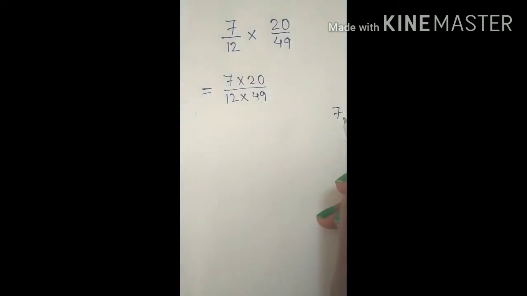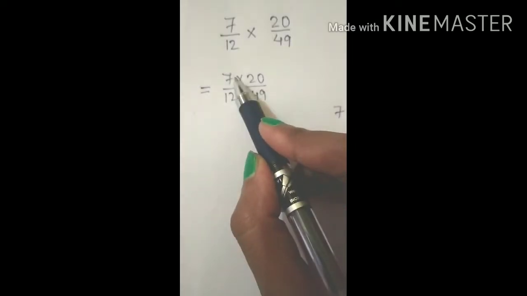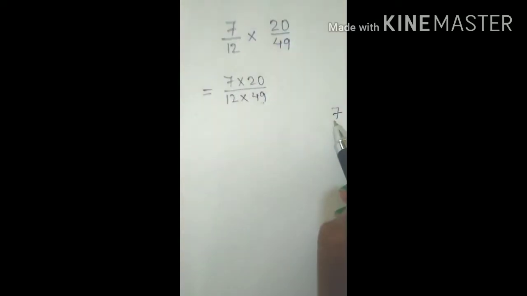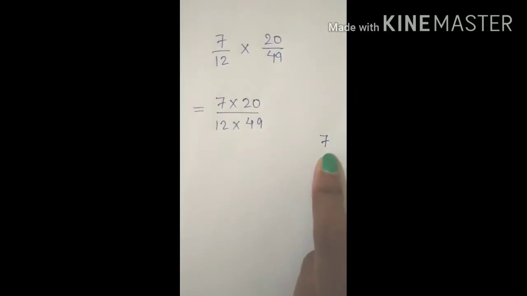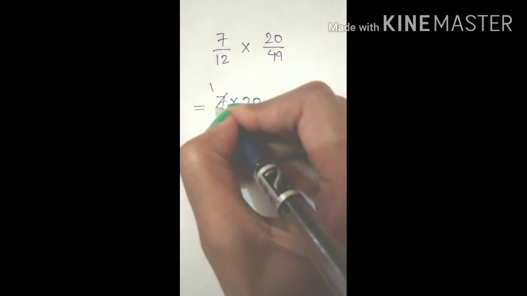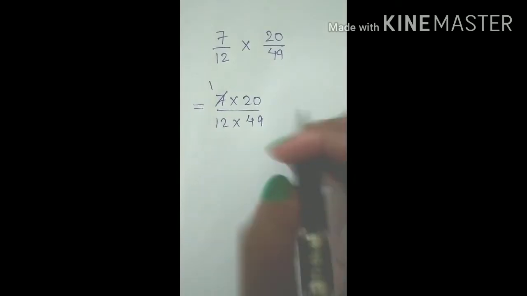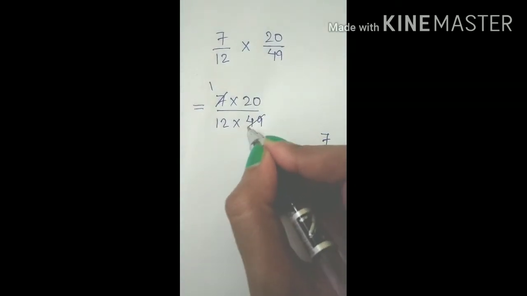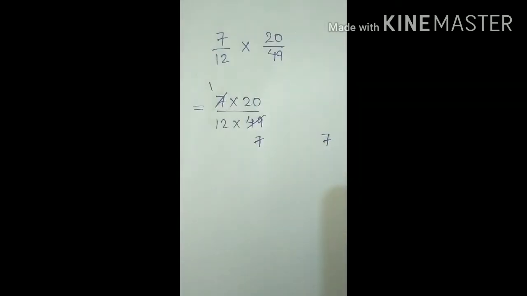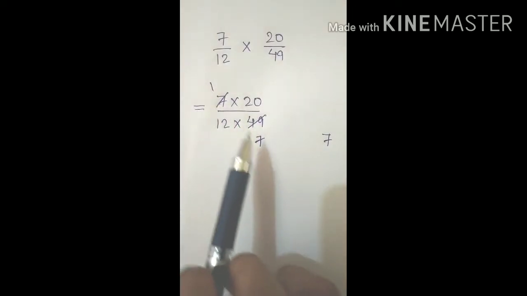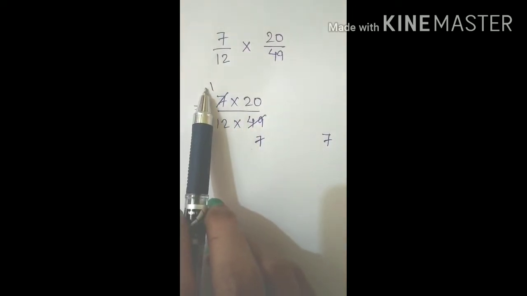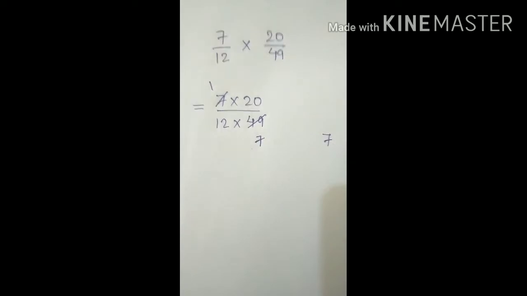That means we can divide 7 and 49 by 7. 7 multiplied by 1 is 7 and 7 multiplied by 7 is 49. There is no common factor for 1 and 7, so we will leave 1 and 7 as it is.